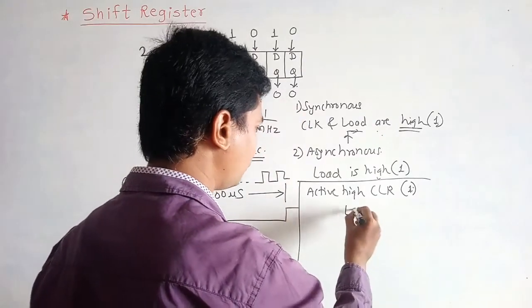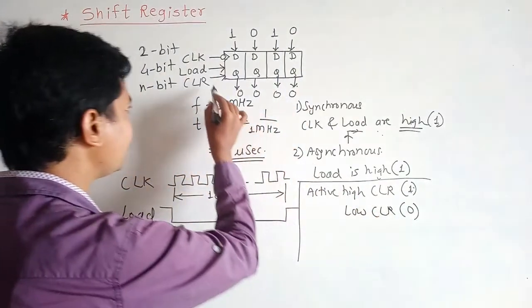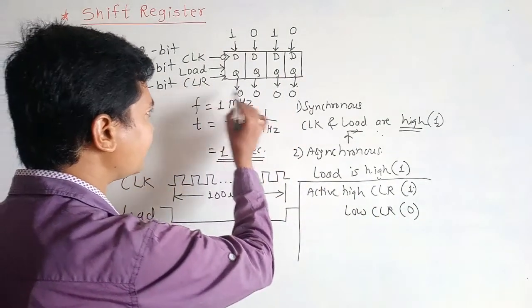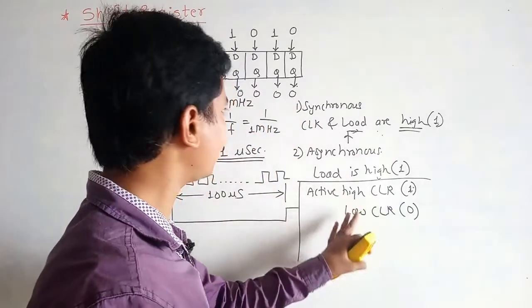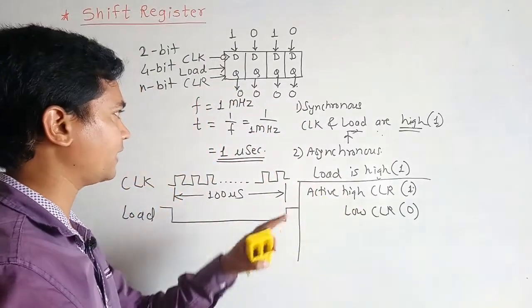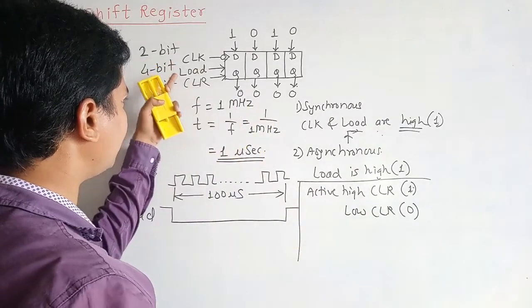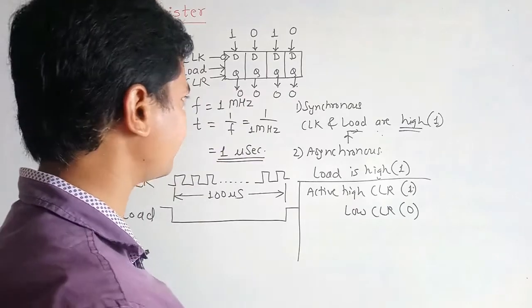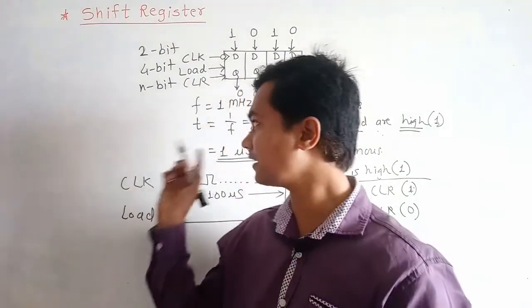And active low clear means if you apply 0 on this clear pin, then the outputs of this shift register will become 0. Okay, so this is how we can control the shift register by using clock, load and clear. So this is just a brief introduction of the shift register.